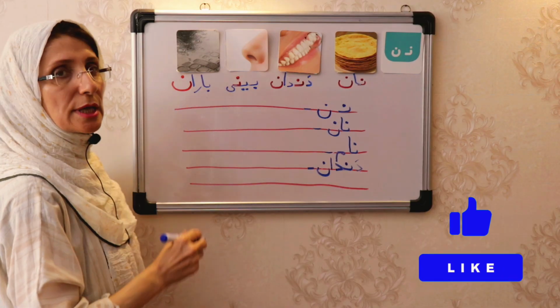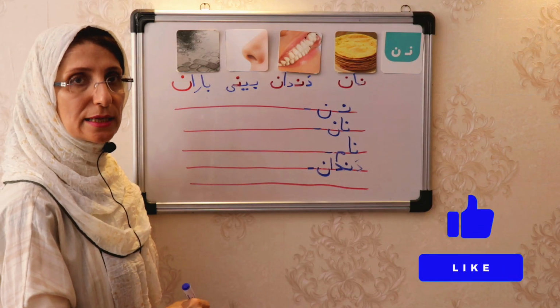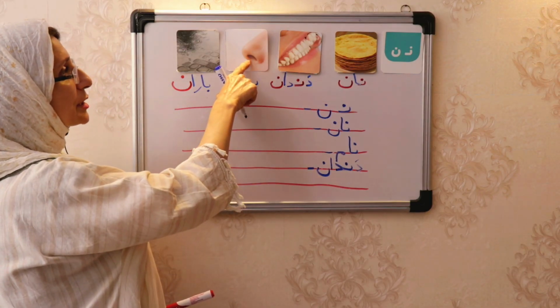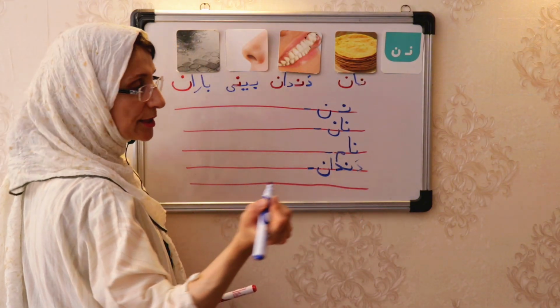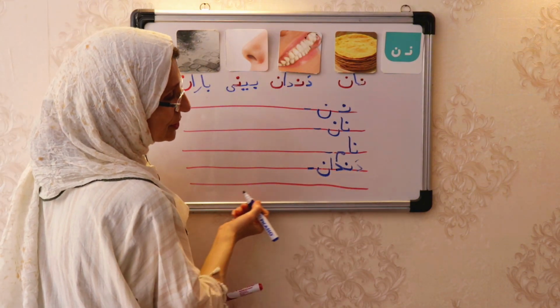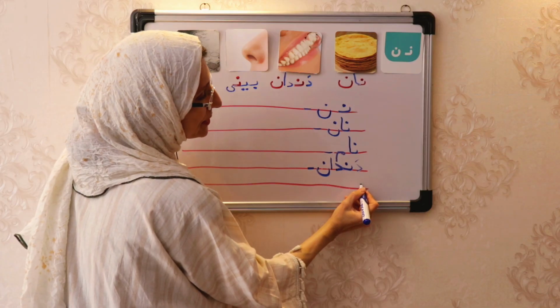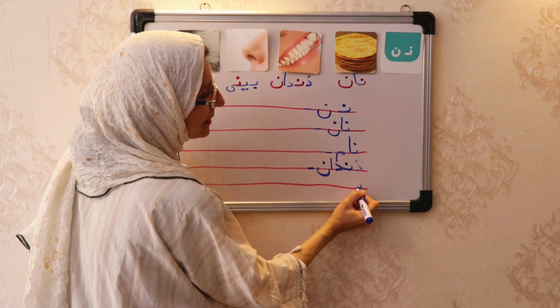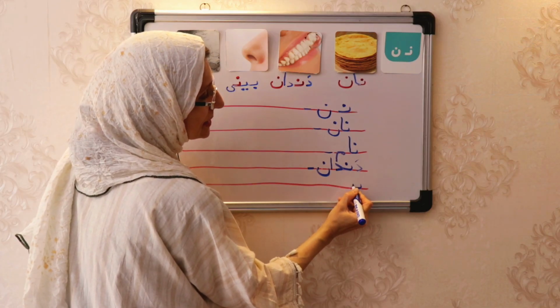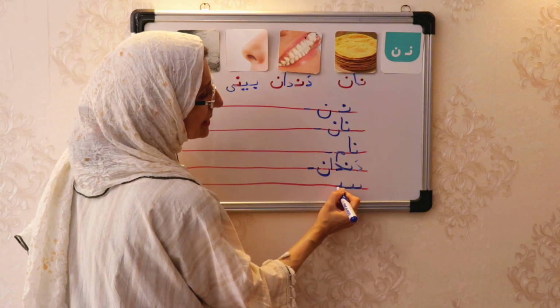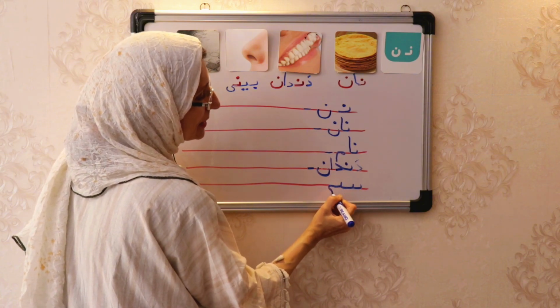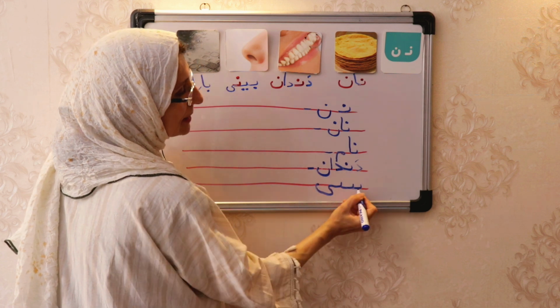And the last word, bini, nose, bini. Look at the way I connect these sounds to each other. First write the teeth for B, then E in the middle, then N, and at the end, E آخر.